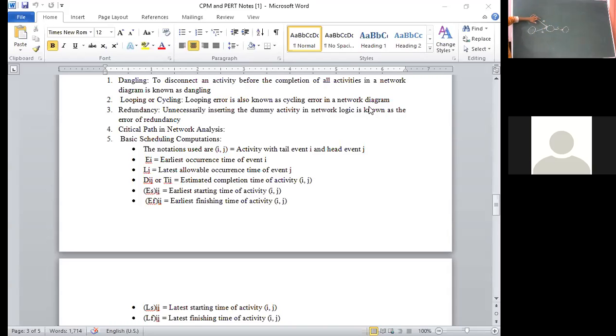Here, listen carefully. A and B are the preceding activities, and the activity C cannot start until the activities A and B are completed. Next, this must come, only if this comes can we draw.